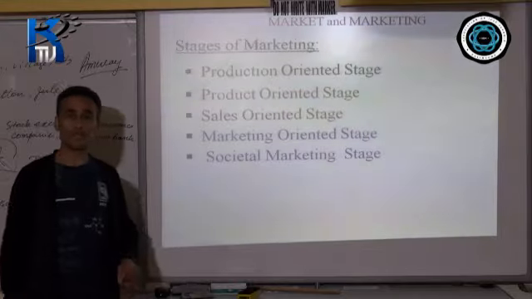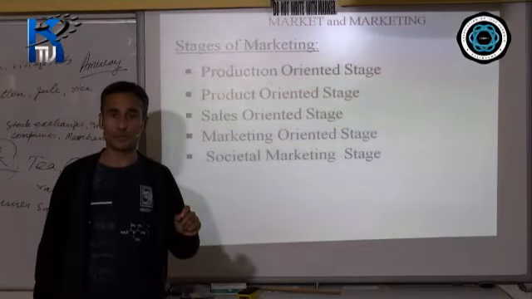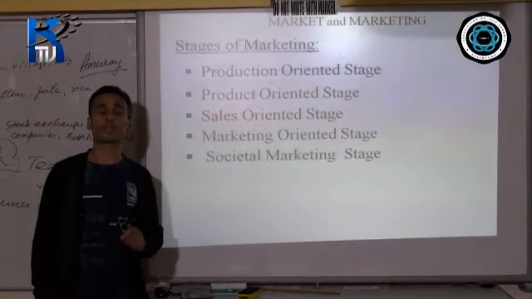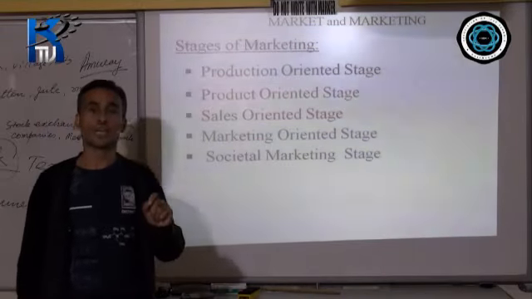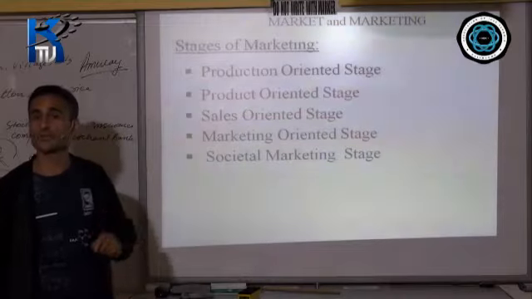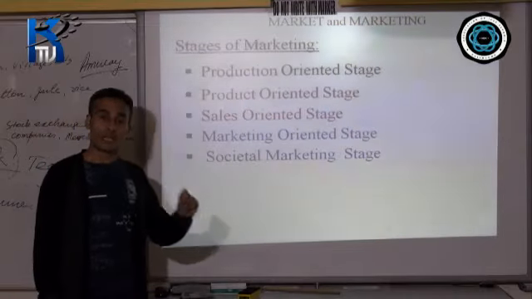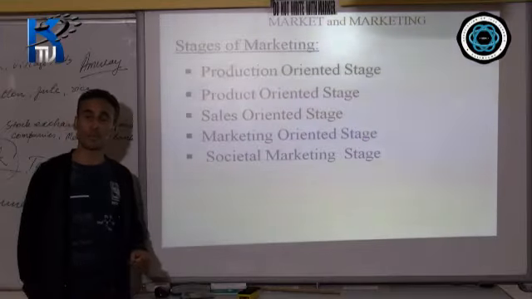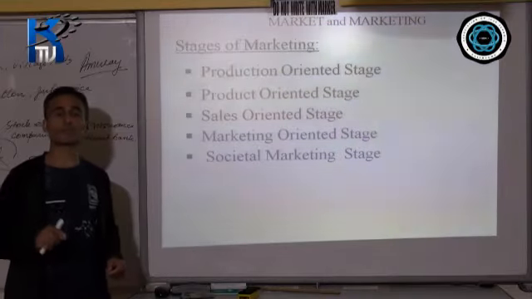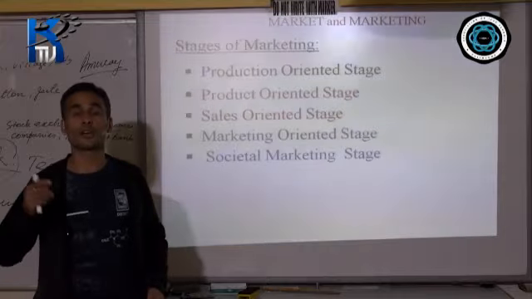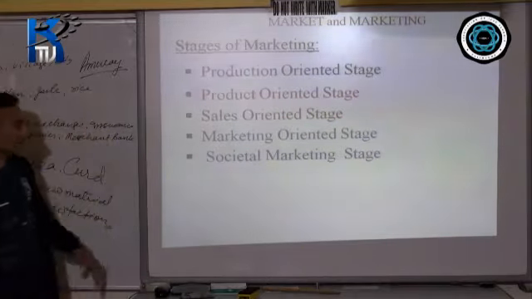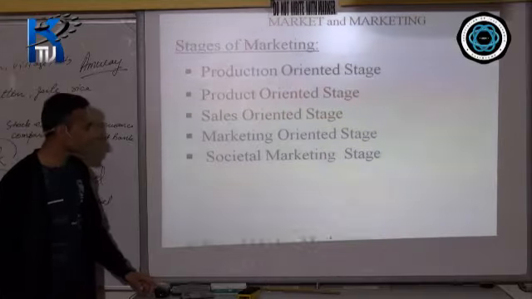No marketers will undertake those production processes which will degrade the environment or which will harm the ethics and customs of the society. They make the product in order to satisfy the needs of the consumer. At the same time, they also see the welfare or well-being of the society. So that's what a societal marketing stage is.